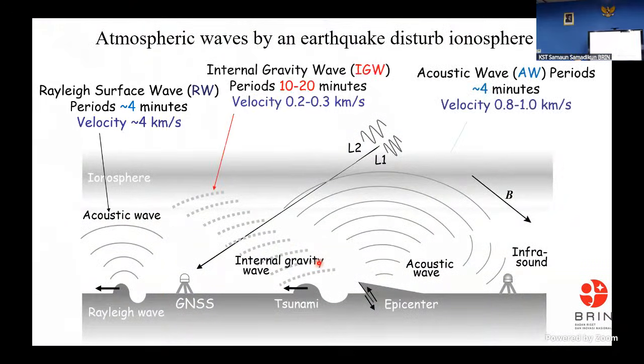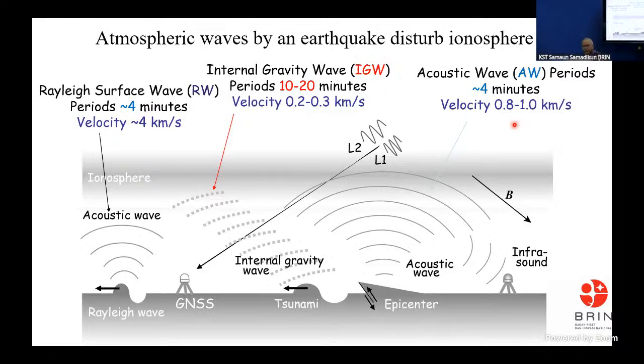Okay. An acoustic wave typically has a 4-minute period, and internal gravity waves have a longer period, 10 or 20 minutes. And the velocity is different. Direct acoustic wave propagates with the sound speed in the upper atmosphere.